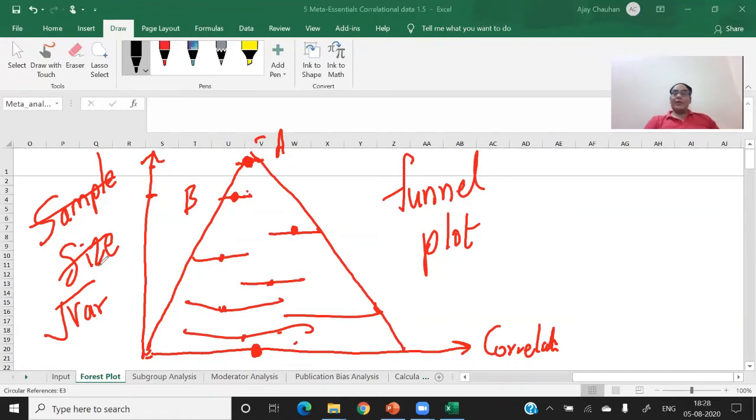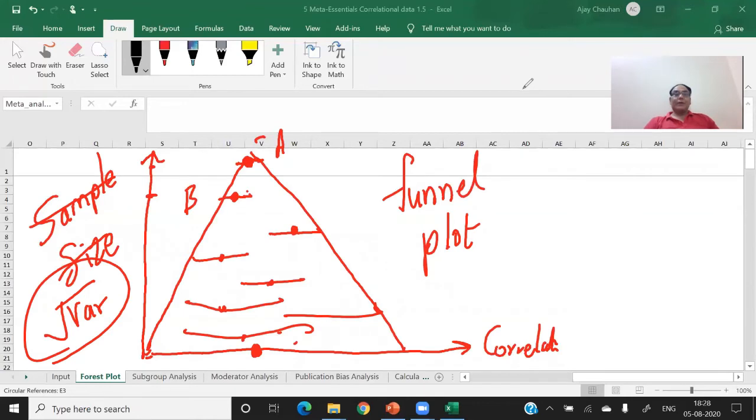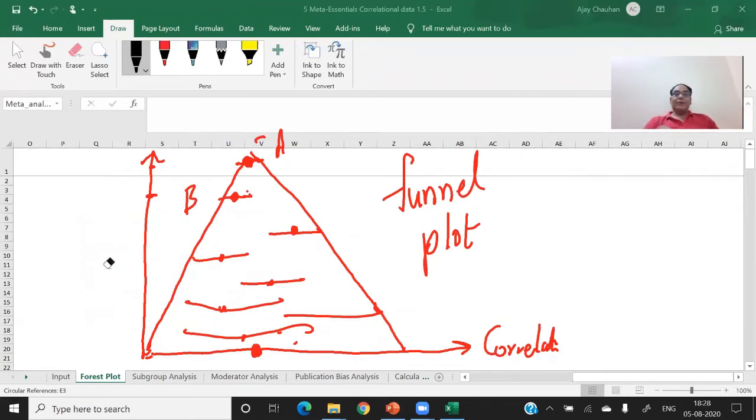So somebody took the variance on the y-axis, but again there is the same problem. Variance is a squared value. So we should not take the variance; I am replacing the variance by the standard error. Standard error is the square root of the variance.